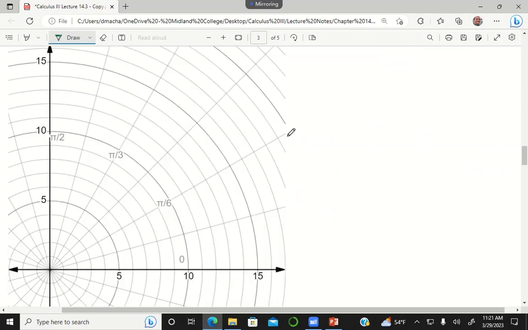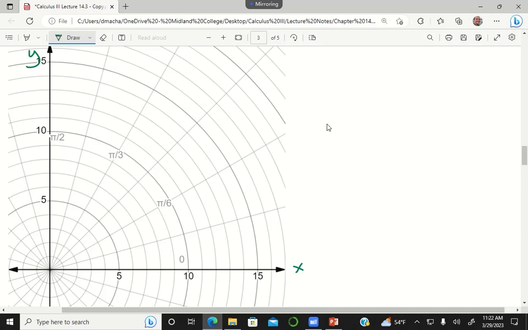So, what I have here is kind of like an XY plane. But what I'm showing you is rays emanating from the origin. So you can see in the light gray, these are angle measures.